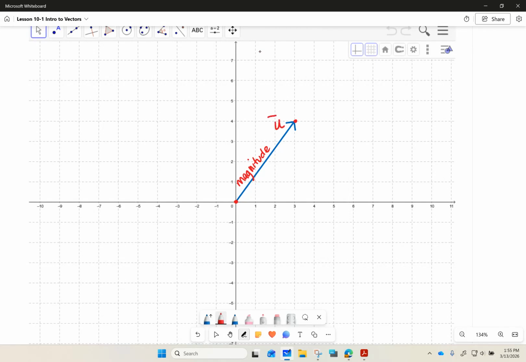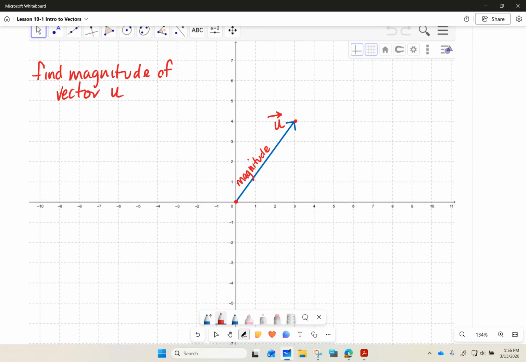So the letter U would have an arrow above it so that in math, when we see something like that, we know that that means read it as vector U. Now, if I'm asking you to find the magnitude of vector U, so I'm going to write something down here. Find the magnitude of vector U.